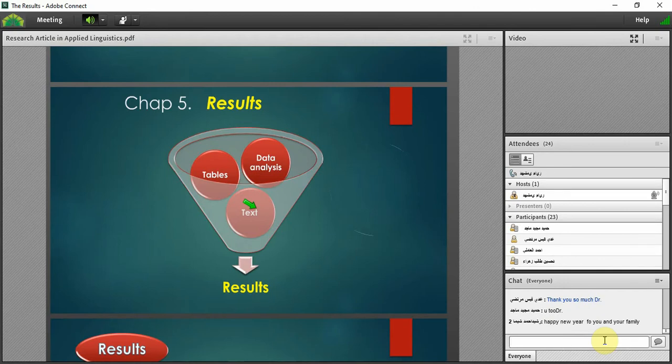As you may see here, we have some tables showing the results of different statistical procedures used. We have some accompanying text, and then we have the data analysis. I'm going to tell you about these different sections in the results sections of academic articles.